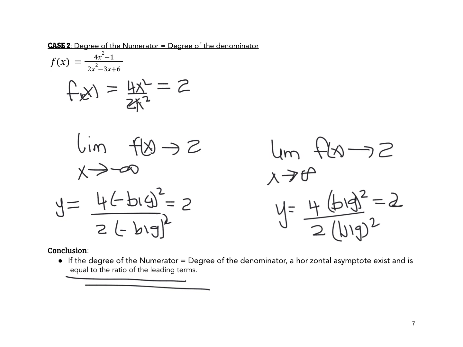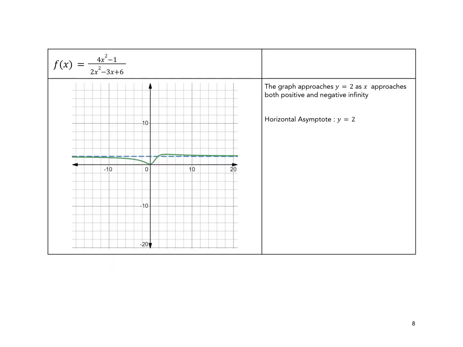Whenever the degrees are the same, these two numbers, the leading terms for numerator and denominator, will give you the asymptote. In this case, it's y equals 2. Always remember to write it as an equation. Now, graphing this function, you can see how it looks. You can see it's approaching the dashed line, which is the asymptote y equals 2.